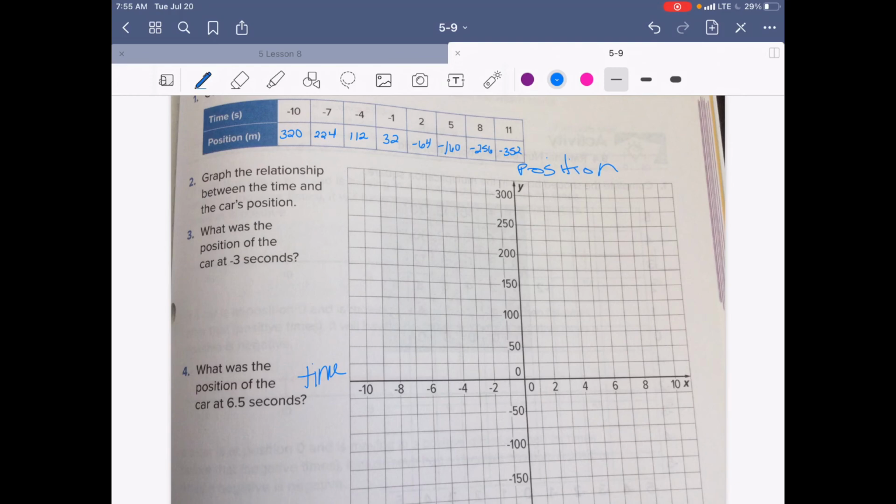We start at -10 and positive 320. So we're going to go over to -10 and go up to 320, which is roughly right there. -7 is 224, so we're going to go over to -7, go up to approximately 224. -4 is 112. So go ahead, you can plot these points. I'm going to finish plotting them, and we'll come back in a moment.